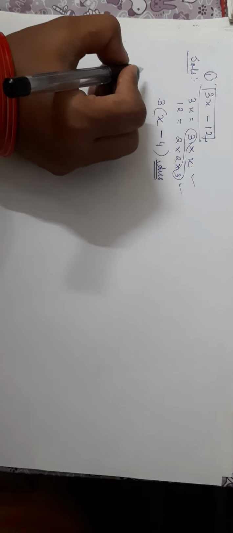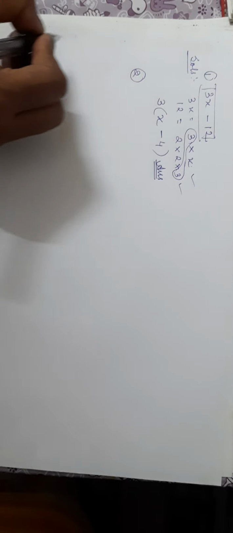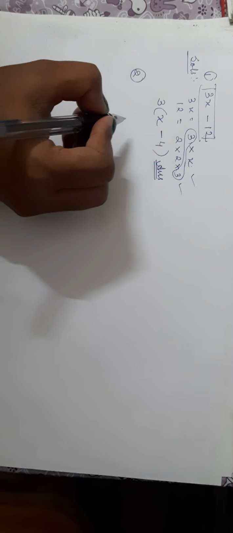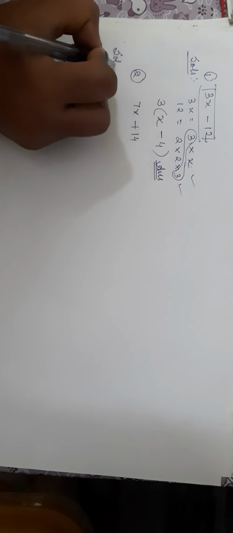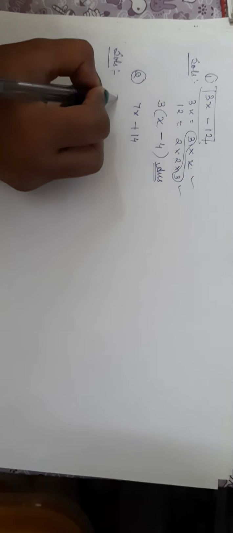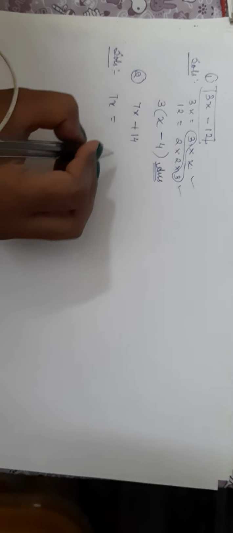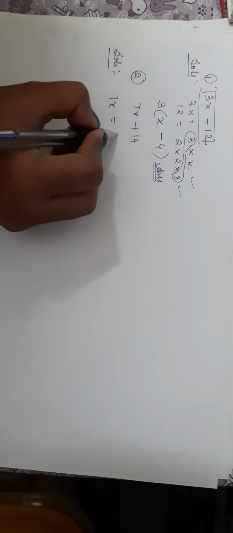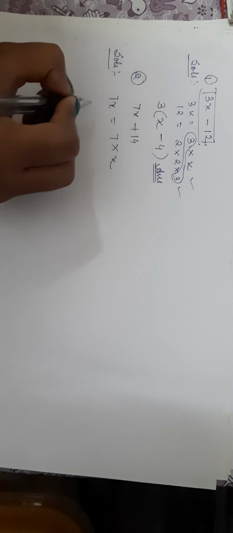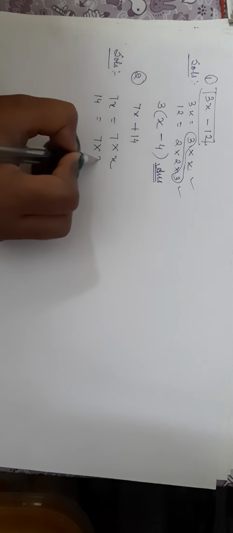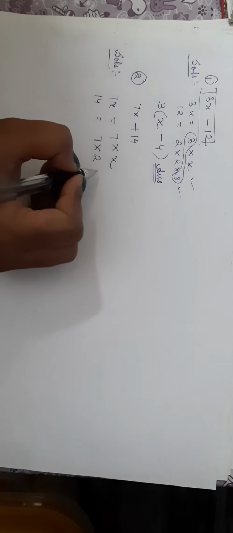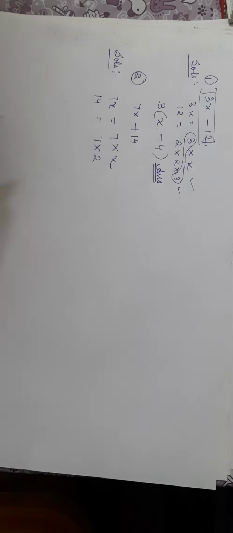Now let's take the second one, that is 7x plus 14. Similarly, here also you have to do the same thing. Write down the factors of 7x. So 7x will be written as 7 into x, and 14 you can write as 7 into 2. Now what is common here?